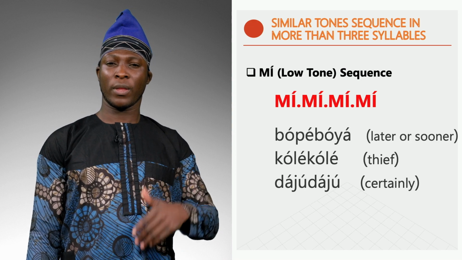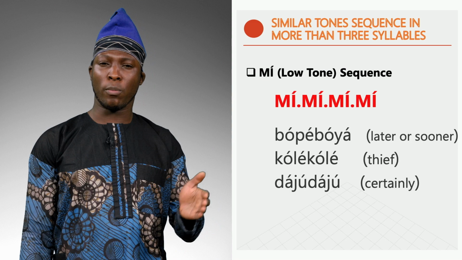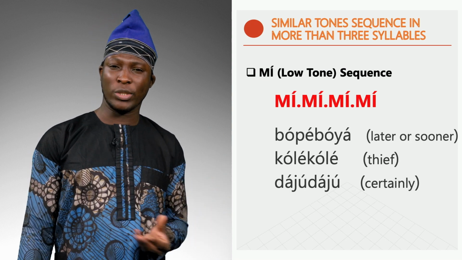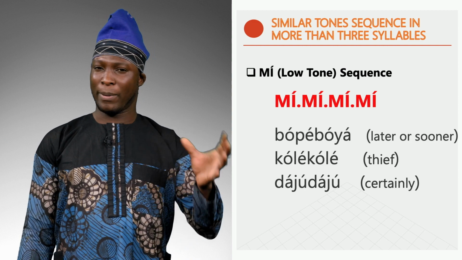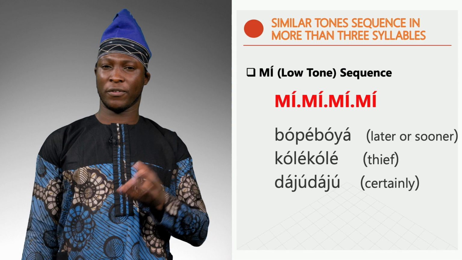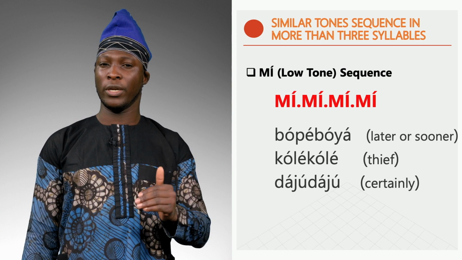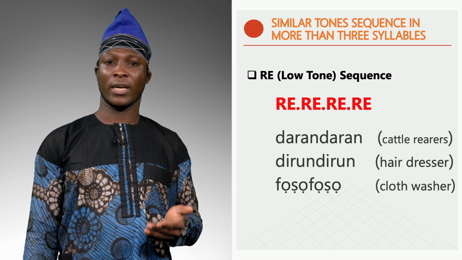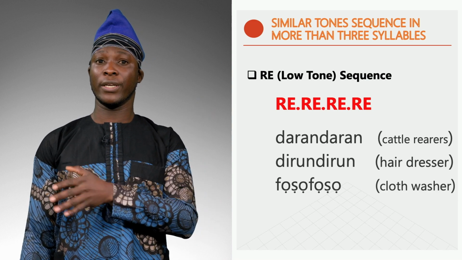So again, me, bó pẹ́ bóyá, kọ́lé, dájú. Apart from these words where you have the high tone on 4 syllables, you can also have the mid-tone, re, on 4 syllables. That's possible in Yoruba. An example of that is re, re, re, re.